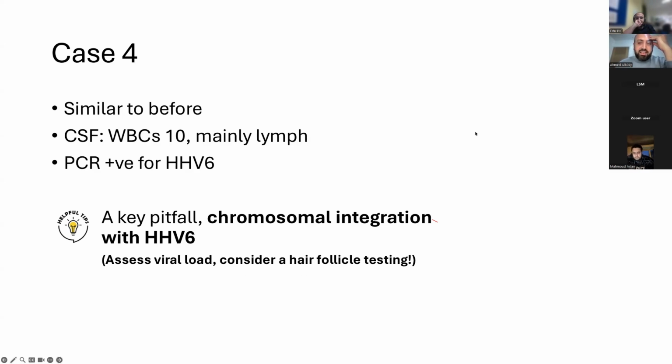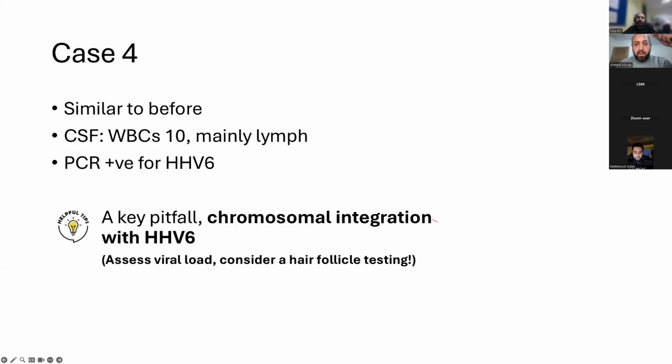Consider hair follicle testing, and this is an interesting test that you can do if in extreme suspicion and you're not sure. So basically, if the PCR, which is testing for the DNA, is positive in the CSF, theoretically it should not be in other places in your body, like in your hair or your skin or your saliva, for example. So you test in two different areas, particularly in the hair follicle.